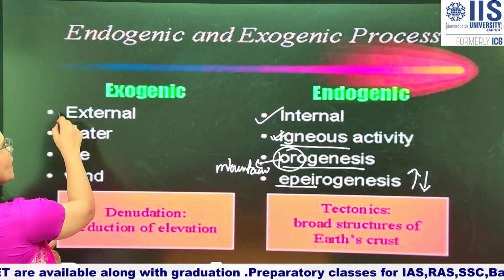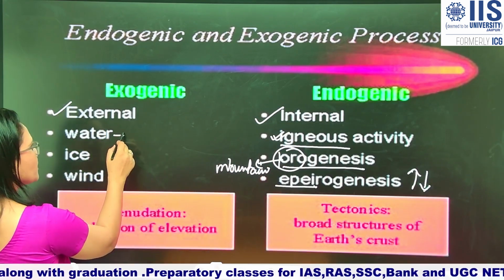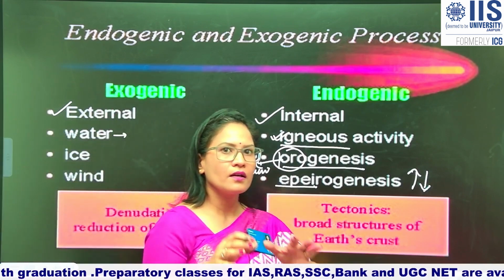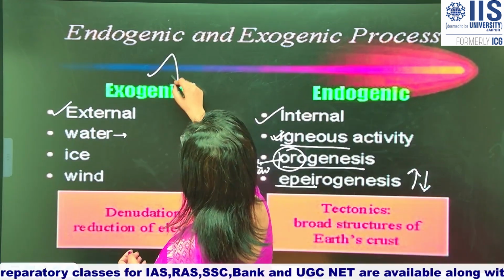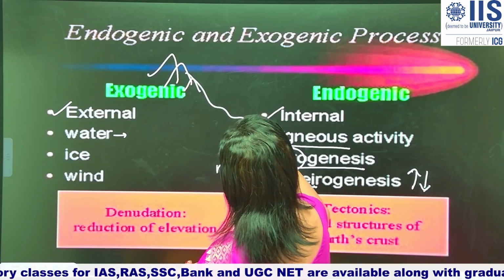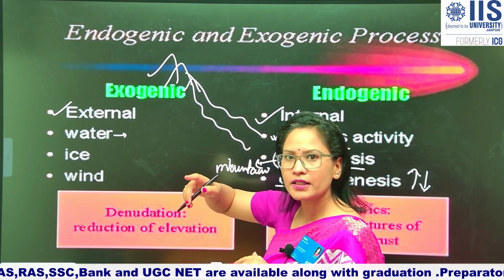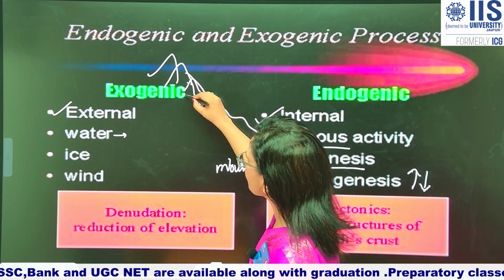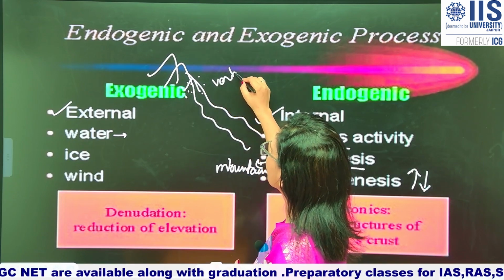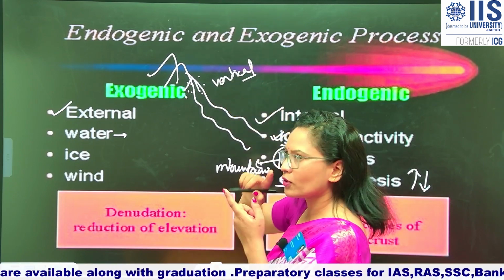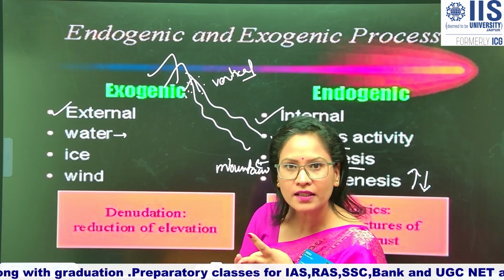Exogenic work occurs externally on the earth's surface. For example, water is doing its work on the earth's surface. For example, there is a river, right? When the river originates from a higher place or a higher altitude, it erodes this region vertically because the velocity of the water is high, because the erosive capacity is high.